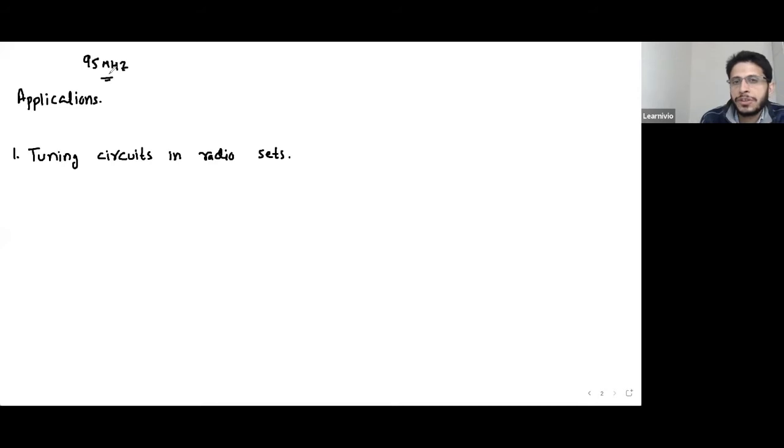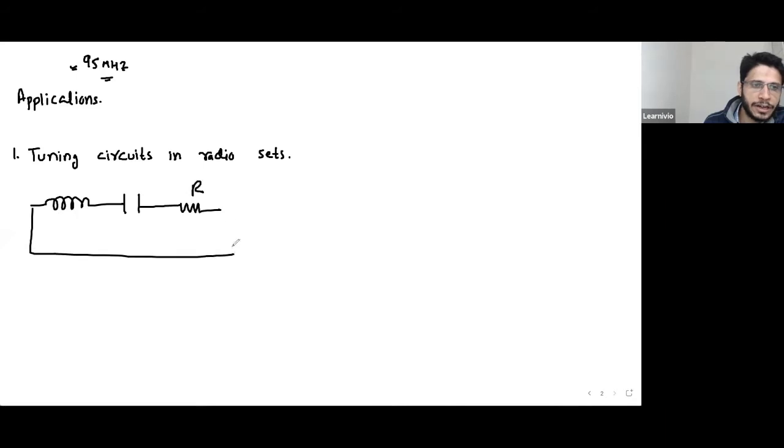If you want to select that frequency, you rotate the knob, changing the resonance frequency of the circuit, trying to make it equal to 95 megahertz. See, this is inductor, this is capacitor, this is resistor.